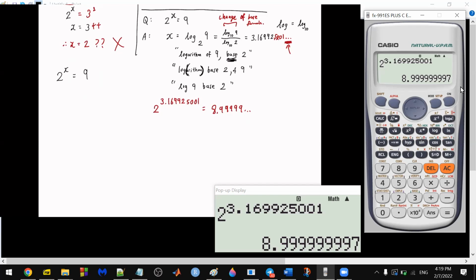Now I need to tell you some terminology. The 2 here is what we call the base. And this x here is what we call the index. Then this 9 here, I have no name for it. I will call it the answer. The purpose of logarithm is for you to solve for the index, also known as the exponent, also known as the power.